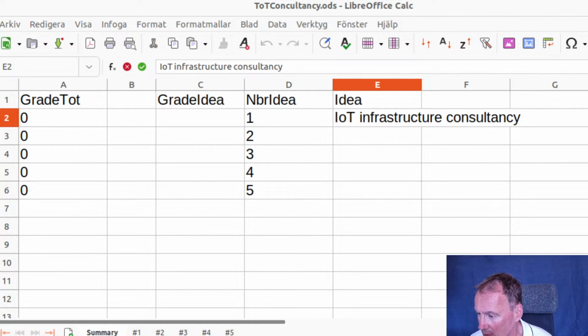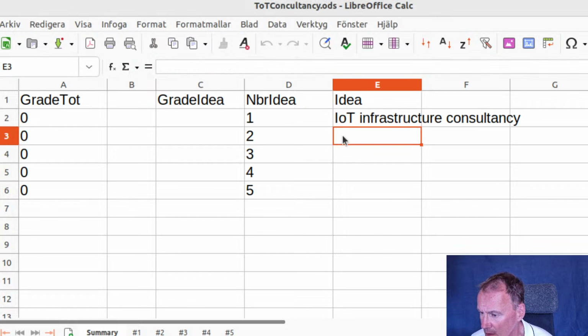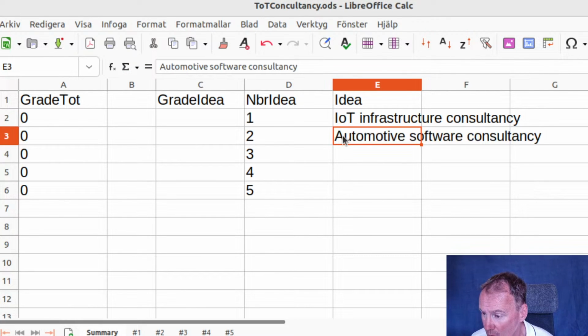Second, automotive software consultancy. Number two, enterprise support consultancy.